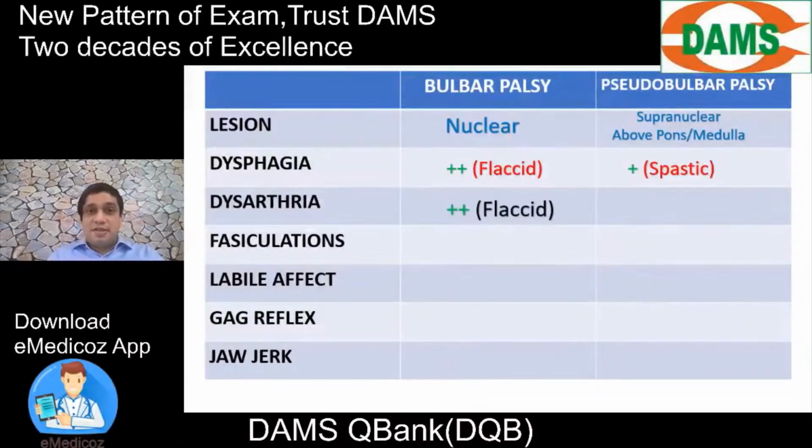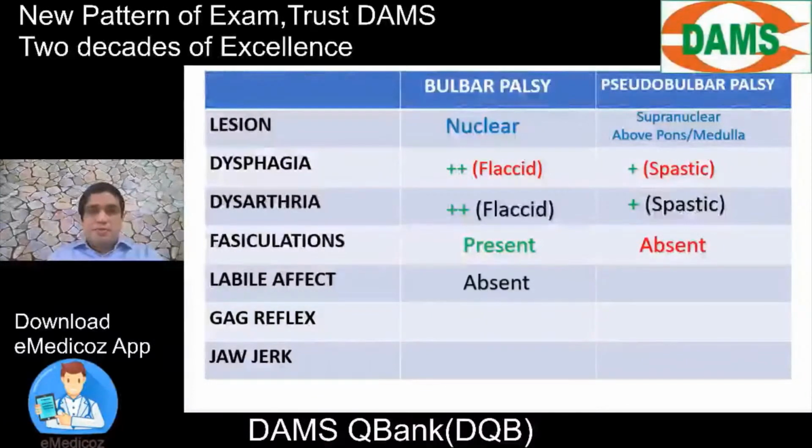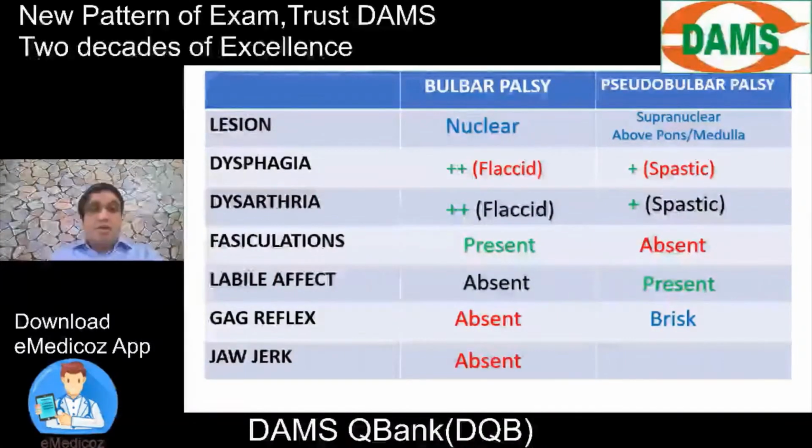Dysarthria is flaccid in bulbar, it is spastic in pseudobulbar. Fasciculations are present in bulbar, absent in pseudobulbar. Labile effect was something very important for pseudobulbar palsy. Gag reflex was absent in bulbar, brisk in pseudobulbar, and jaw jerk is absent in bulbar, and of course brisk in pseudobulbar. So these are the key differences between bulbar and pseudobulbar palsy that we know.